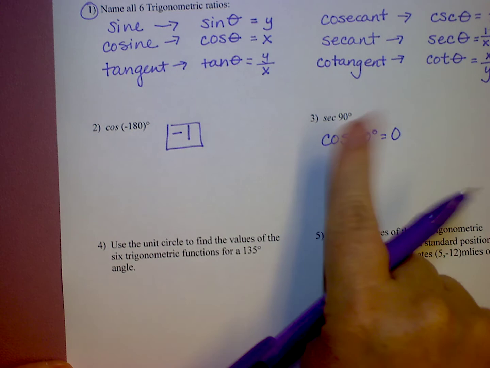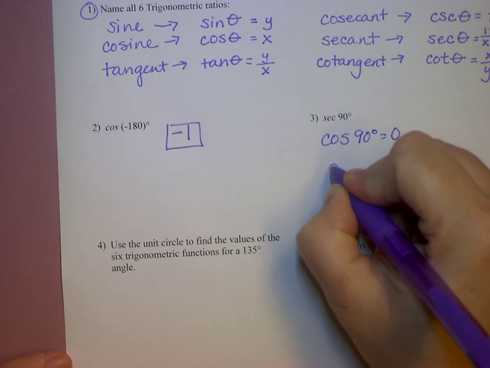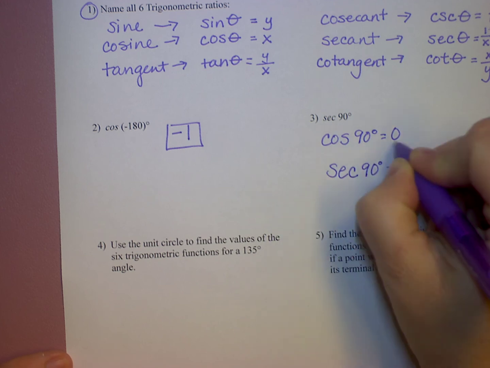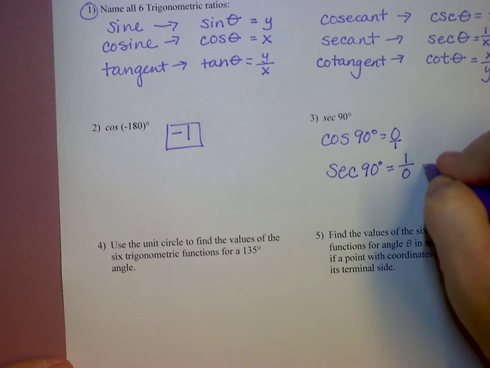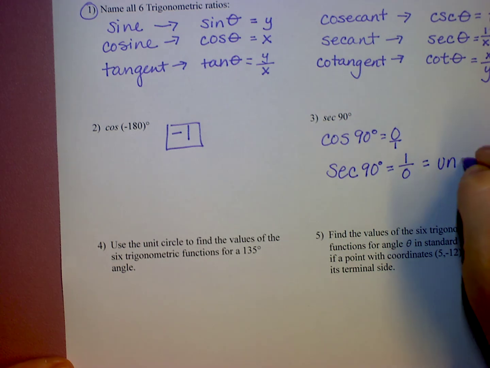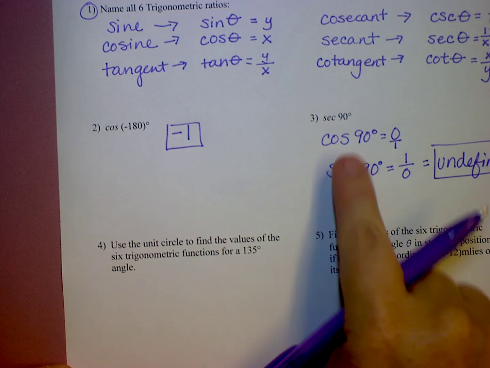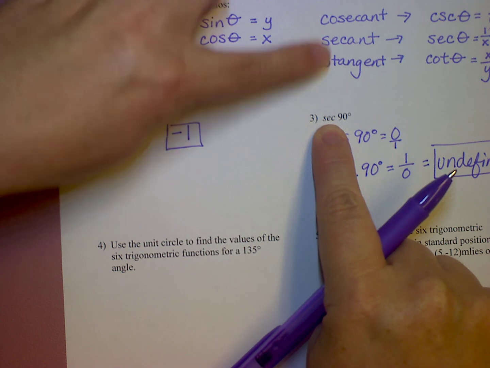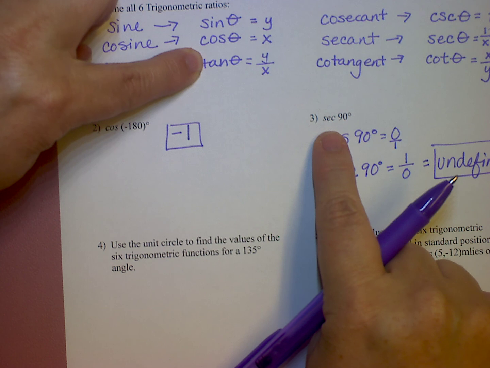To find secant, I just need to do the reciprocal of this. So the secant of 90 degrees would be, this is technically 0 over 1, it would be 1 over 0, which is undefined. Okay, so when you get these new ones, cosecant, secant, cotangent, find the one that it corresponds with and then just flip it. Easy enough?